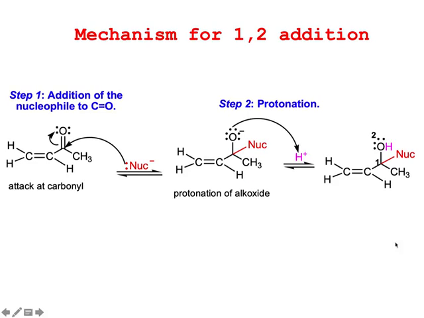So this one is for 1,2 addition. Step 1, addition of nucleophile to C double bond O. Nucleophile attacks the carbonyl. So what happened? This one O minus. Protonation of alkoxide. We accept a proton to become alcohol here. This one we call 1,2 addition at the same carbon.